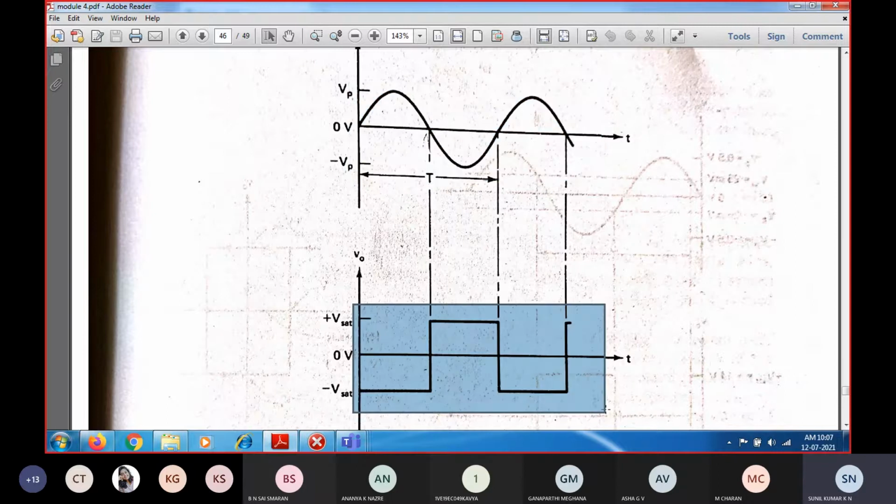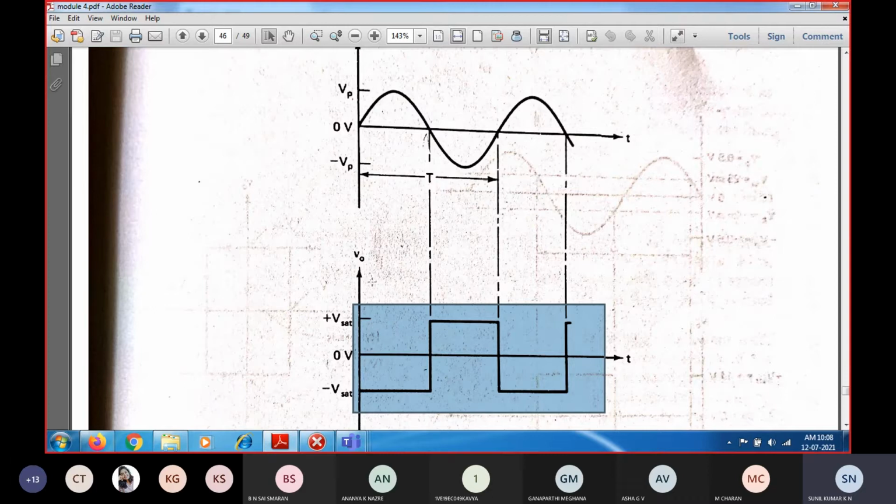Why will you get a square wave? Since you employ positive feedback, the gain will be very high, greater than the maximum power supply for that operational amplifier.